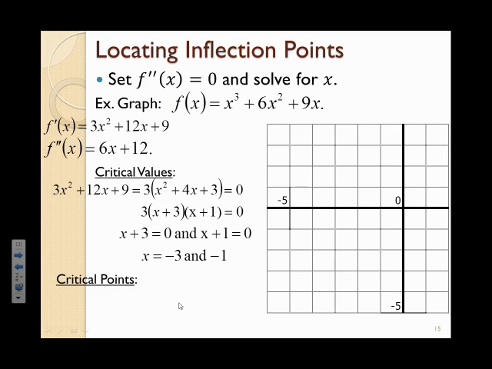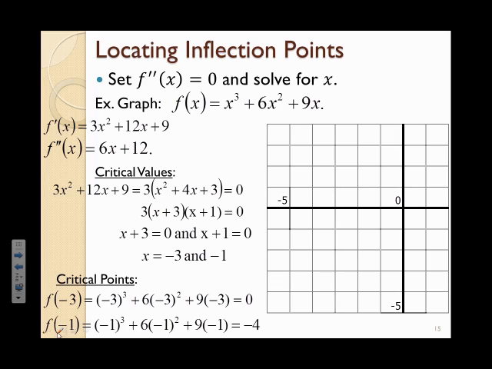Now, for the critical points, we go back to the original function. We want to find the y values, and that comes from the original function. So we do an f of minus 3. Remember the negatives here: since it's x to the third power, the x includes the minus, so it's minus 3 cubed, which is negative 27. Minus 3 squared times 6 gives positive 54, and minus 27, well, that ends up being 0.